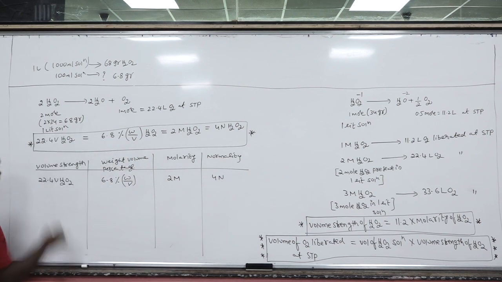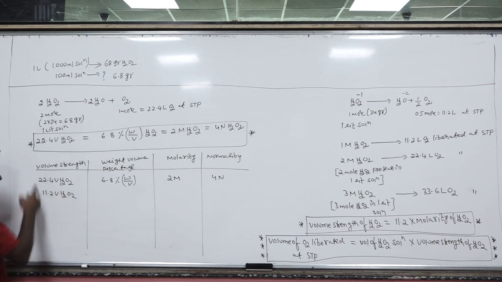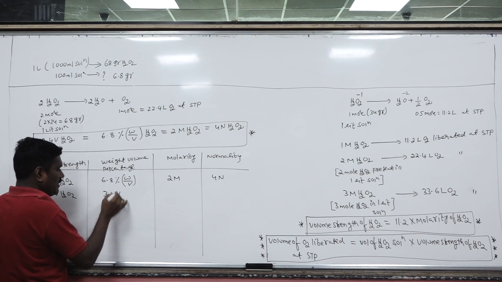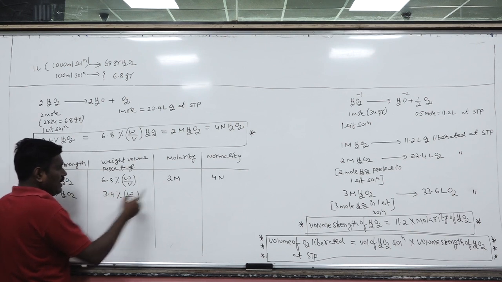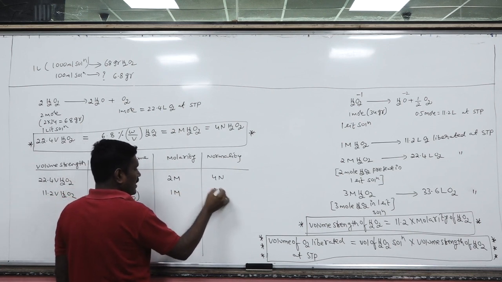Okay, let's suppose I have 11.2 volume strength of H2O2. That means half. So here weight volume percentage gets half, that is 3.4% of W by V. Here molarity gets half, 1 molar. Here normality gets half, 2 normal.